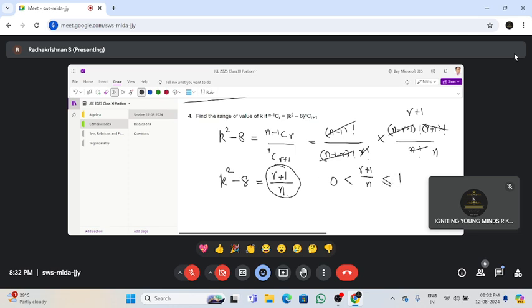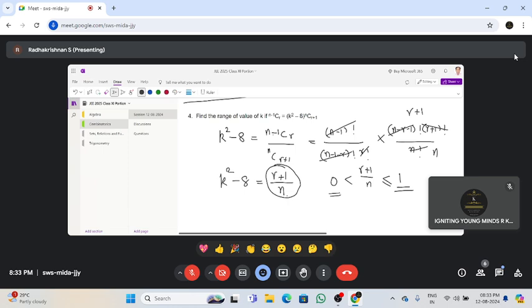It cannot be 0, because this is r plus 1 by n and r cannot be negative. So it will be less than 1 but slightly more than 0. N can be any value, r can be any value. They are not given any constraint, so we can go on increasing r and n. That means we can go maximum up to 1.